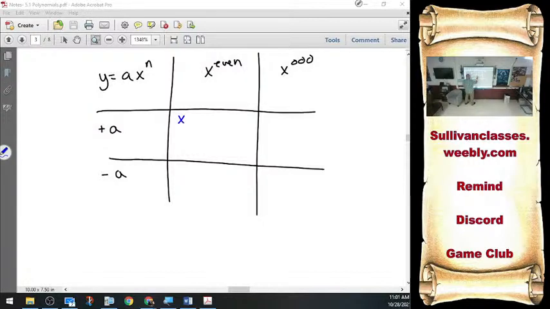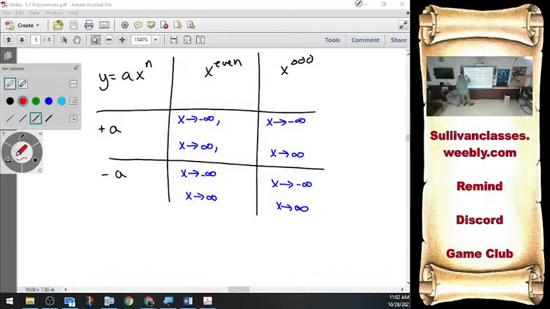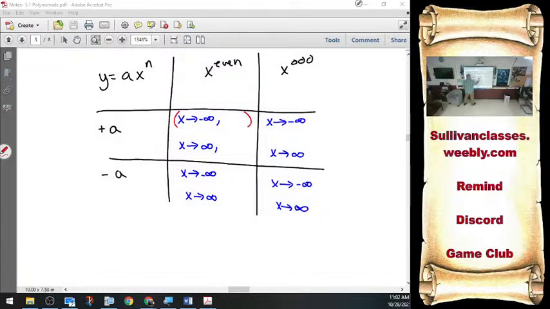As x goes to negative infinity, as x goes to positive infinity. Every one of them had this.